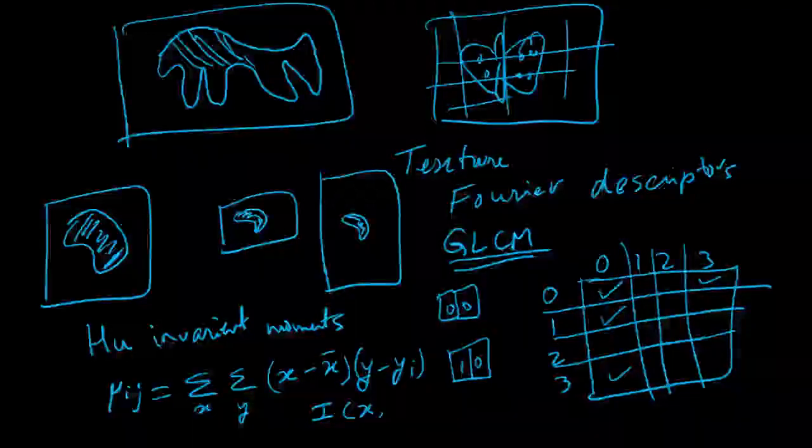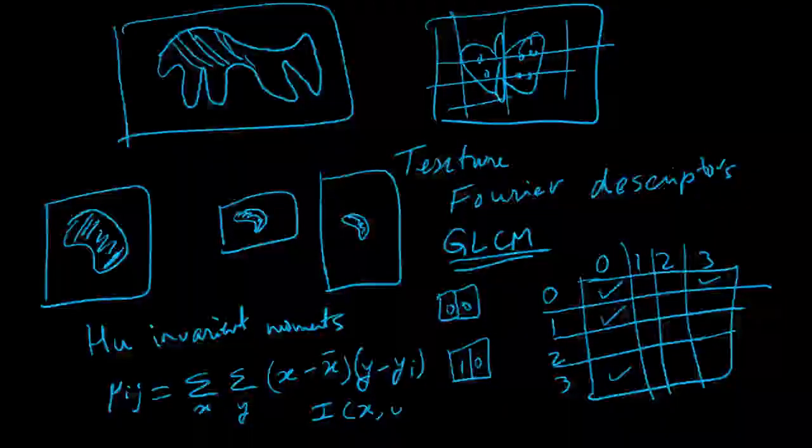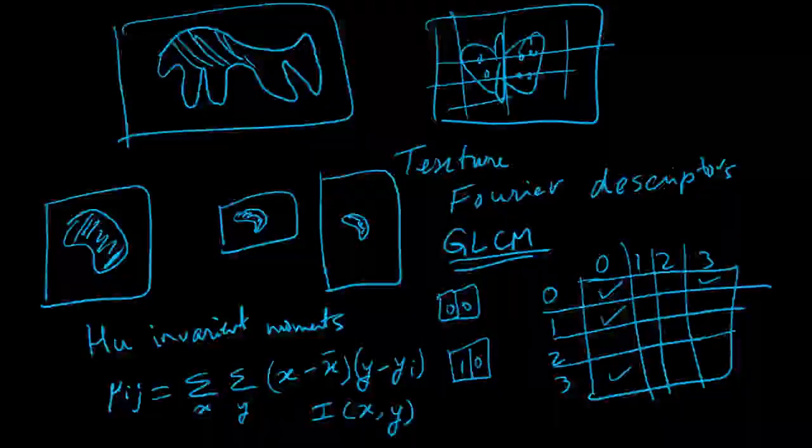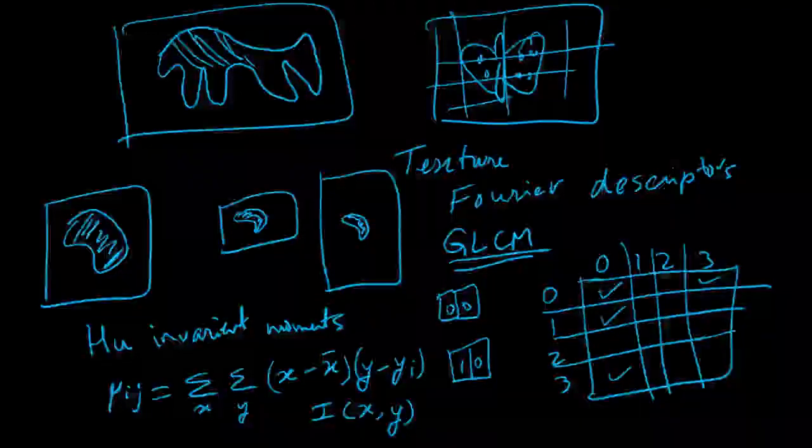So we can treat the intensity as some sort of a probability density, some sort of a weighting factor, and based on that we can see where the average intensity of the image lies.